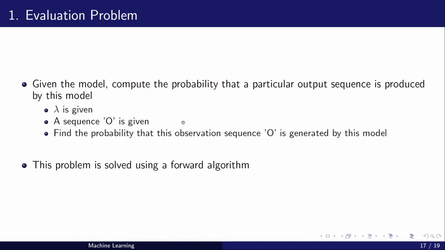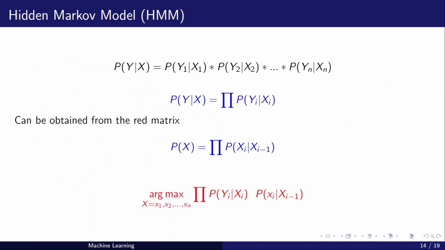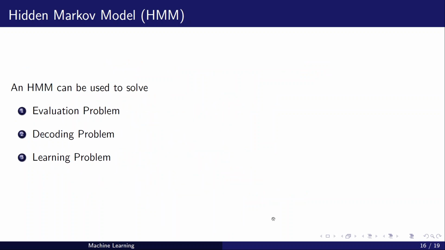We do it by using a method known as the forward backward algorithm or forward backward procedure. What we do is try to identify all the state sequences which can produce this observation sequence. We have seen how to generate the state sequence out of the observation sequence.